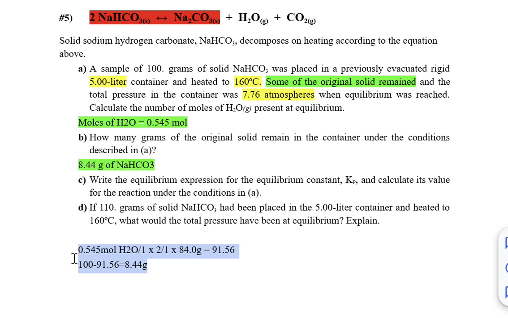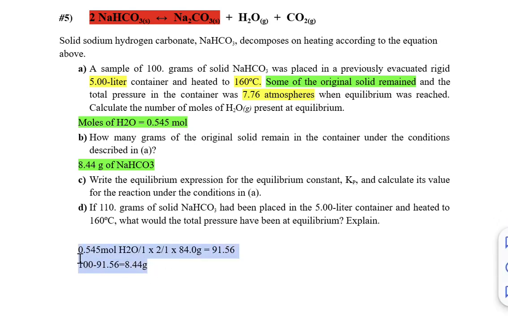I kind of over-explain a little, but it's just some stoichiometry. The step that I wouldn't forget to do is to remember that the number you get isn't actually your answer. You have to subtract it from the total amount that you put in to begin with. So we put in 100 grams of the solid, 91.56 grams of it was used, so the remaining amount of the solid is 8.44 grams.